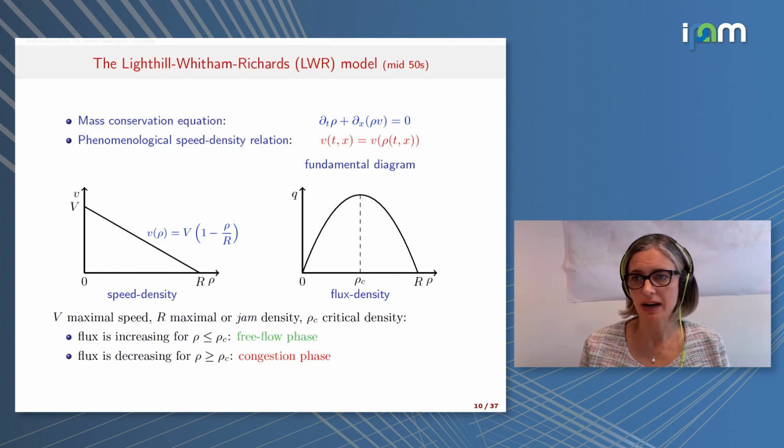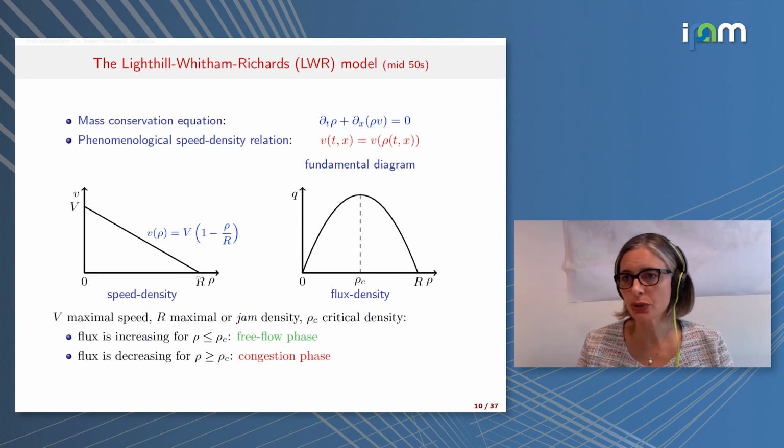And as the density increases, so there are more and more cars on the road, we are forced to slow down, and at a certain moment when we are almost bumper to bumper, we are stopped, and this is the point of maximal density.